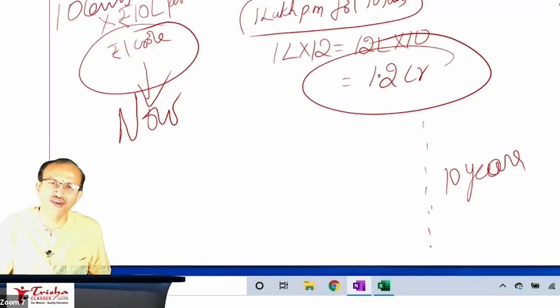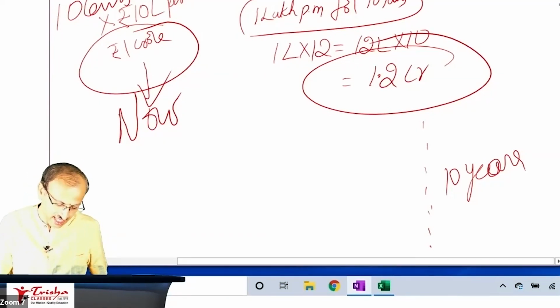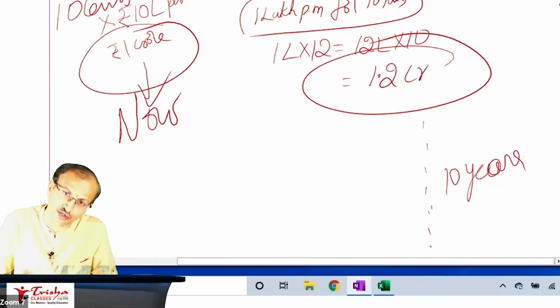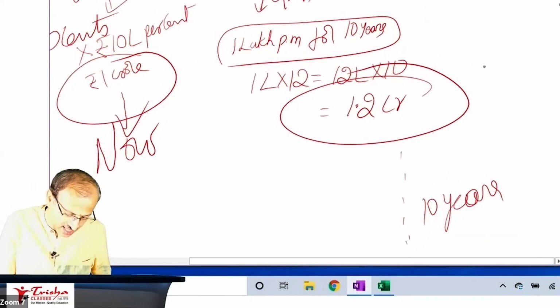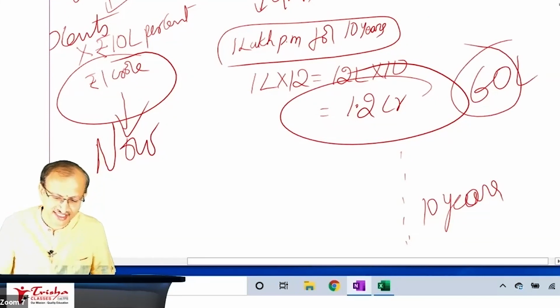Even today's value of 1.2 crore, if you look at 6 or 7 years, even if it doubles, you might have learned somewhere in schooling that money doubles in 6 or 7 years. Even if you take 10 years, if it is doubled, then today 1.2 crore is around 60 lakhs.